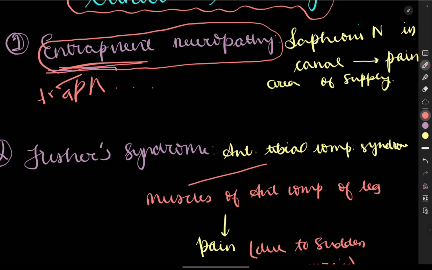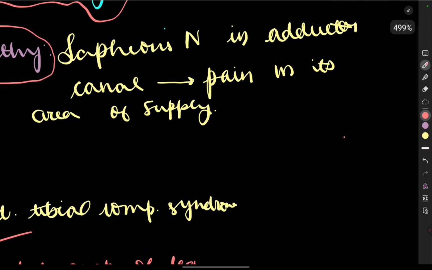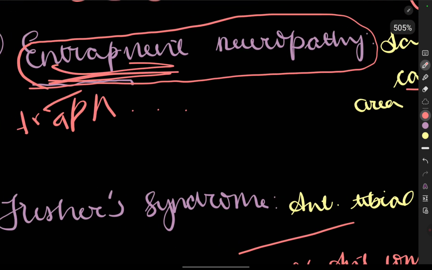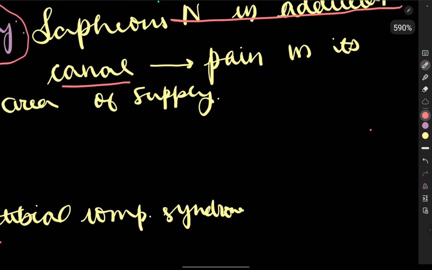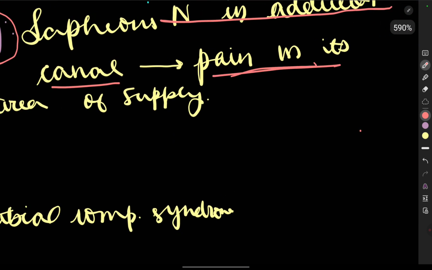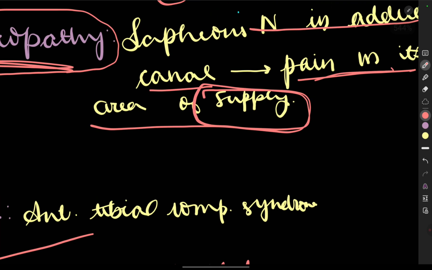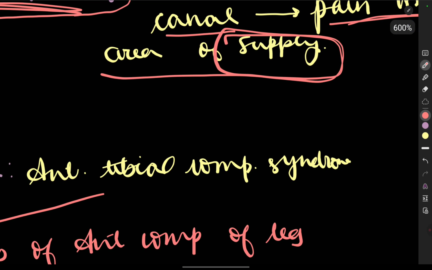The trapping of the saphenous nerve in the adductor canal is called entrapment neuropathy. Saphenous nerve entrapment neuropathy causes pain in its area of supply. The saphenous nerve supplies mostly the medial side of the leg, so severe pain on the medial side will be felt.